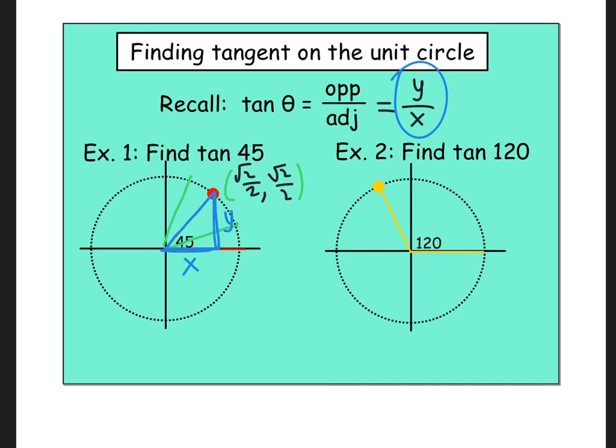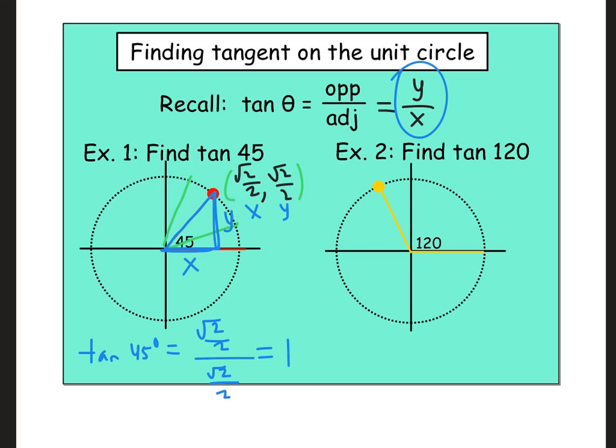So tangent will always just be the y over the x. So in this case, the tangent of 45, it's the y coordinate over the x coordinate. Hopefully you can see what's going to happen, but just to see it drawn out, it's root 2 over 2 divided by root 2 over 2. It's something divided by itself, right? So the tangent is 1.